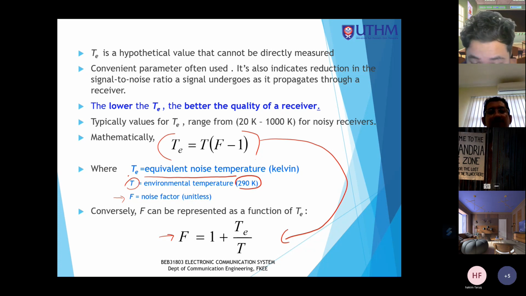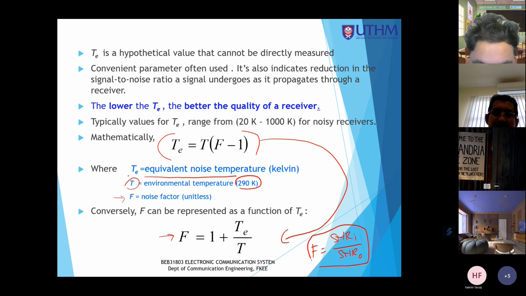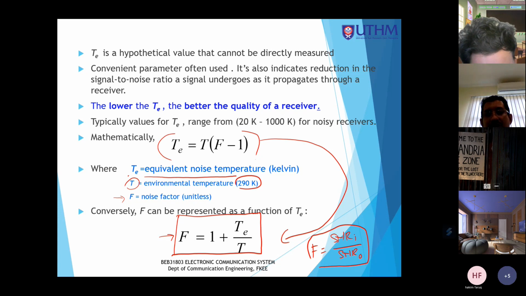Tadi kita lihat F bersamaan dengan SNR I over SNR O. Okay, selain daripada ini, boleh juga kita buat dalam sebutan temperature. Okay, TE is the equivalent noise temperature and T is the ambient temperature. Okay, so you akan dapat jawapan yang sama.